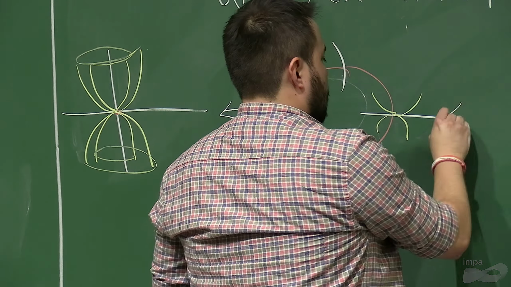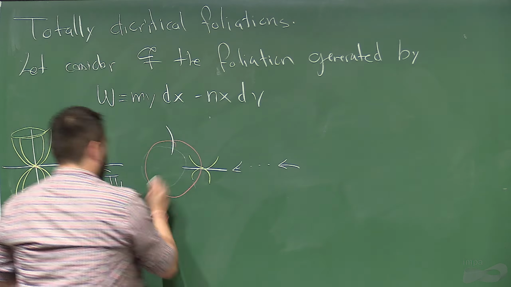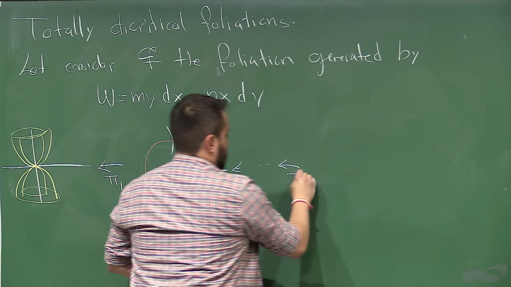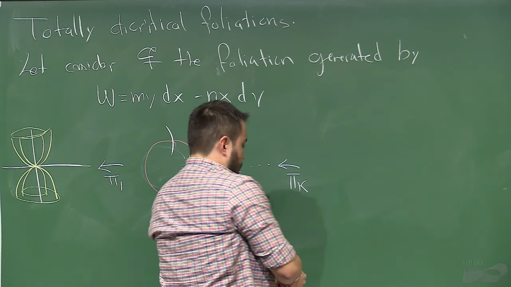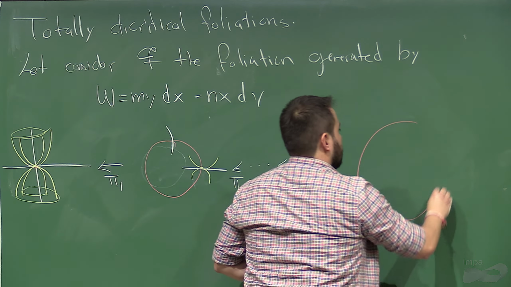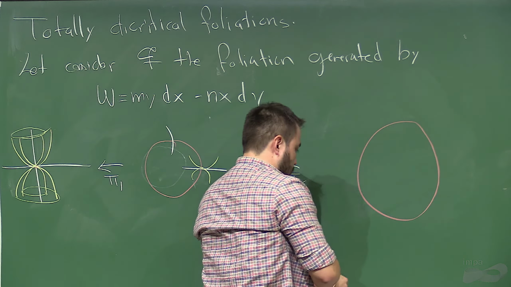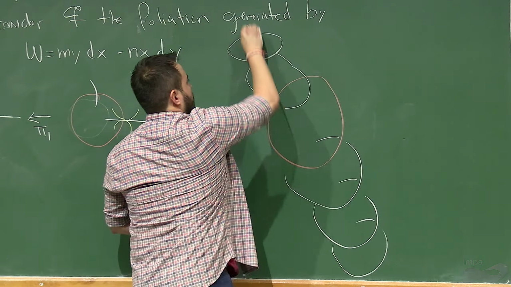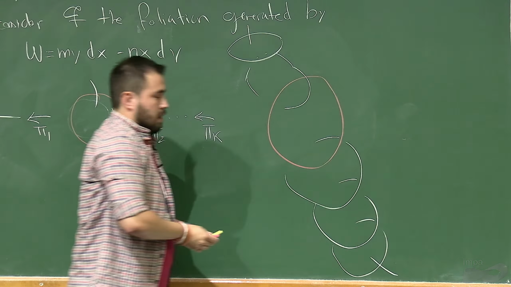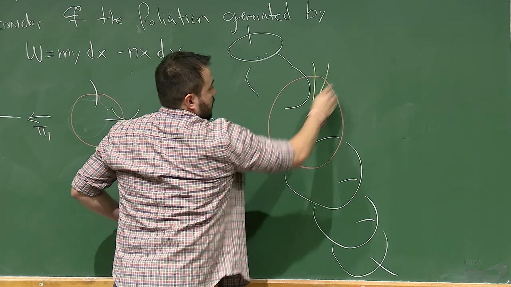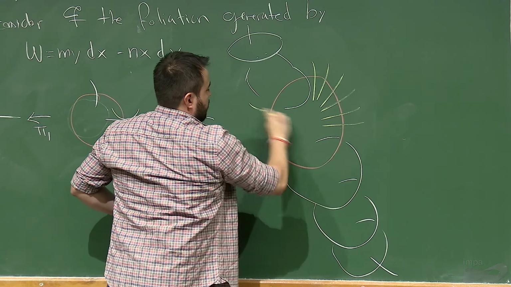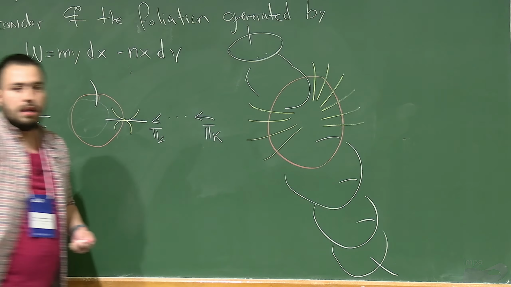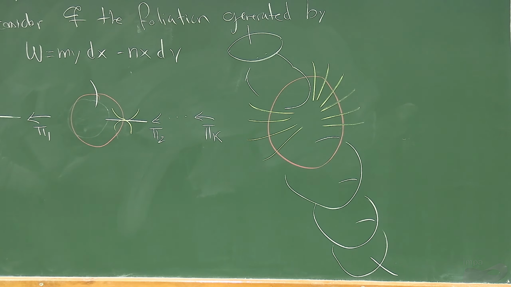We compute all the sequence, 1, 2, k. And in the last one, we obtain the critical component, that is an irreducible component of the exceptional divisor that is transversal to the foliation.